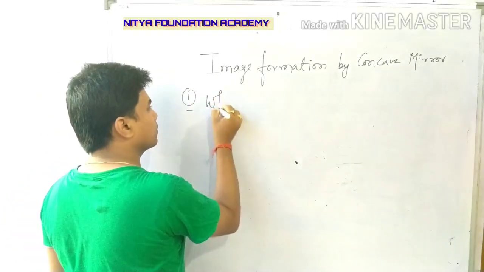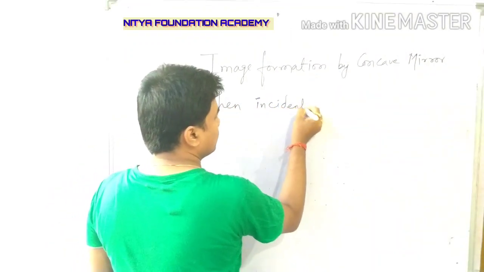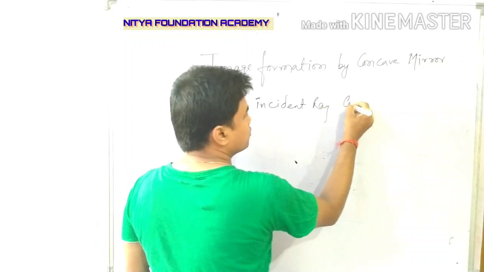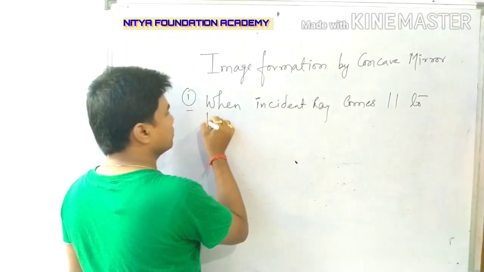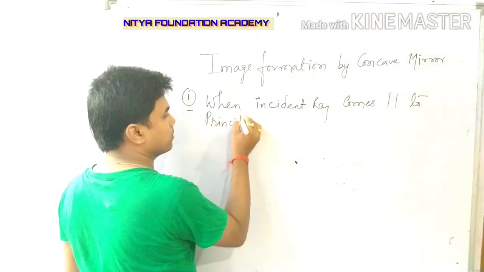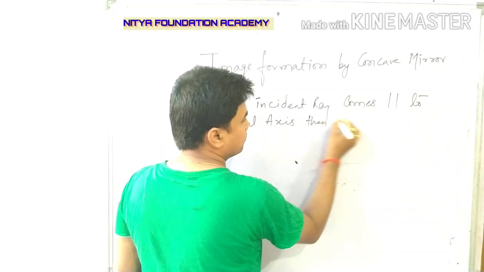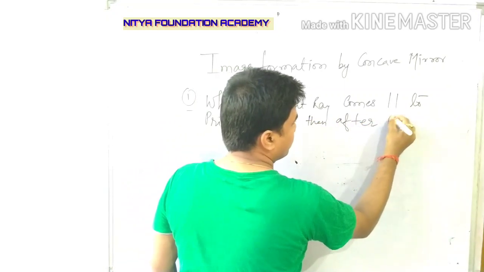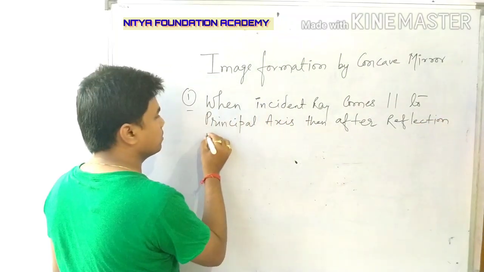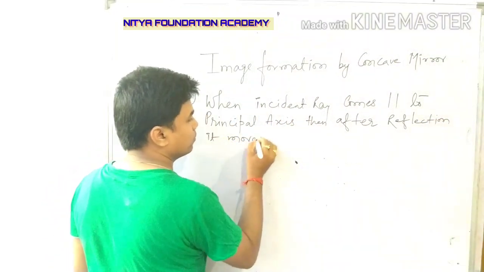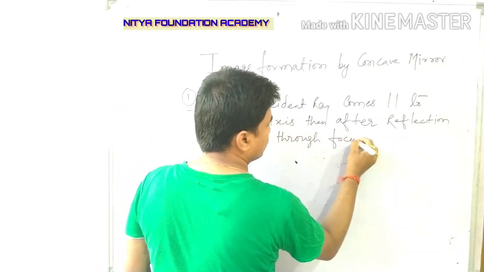So when an incident ray comes parallel to the principal axis, then after reflection it moves through focus.